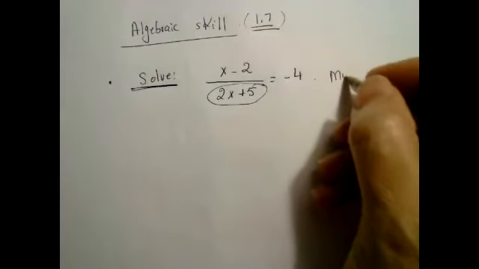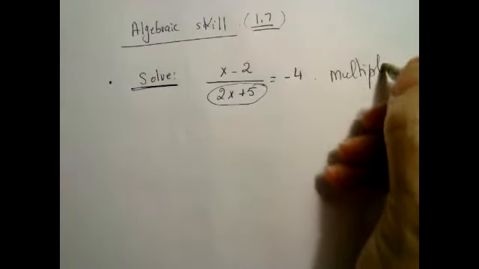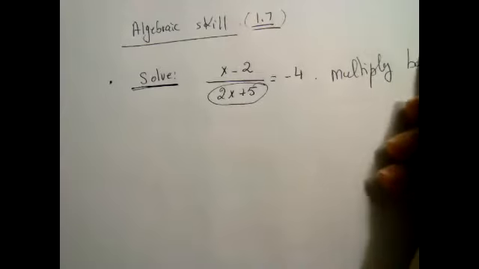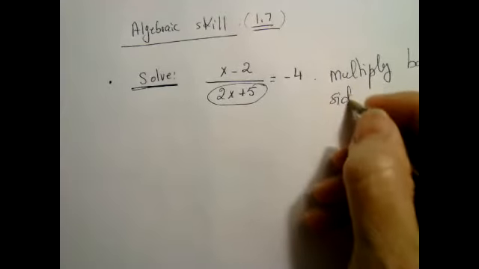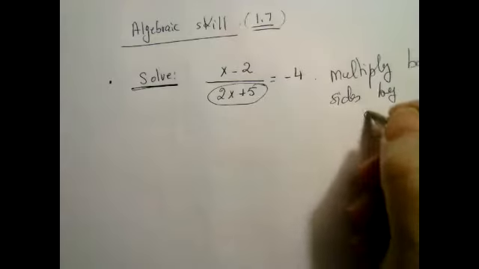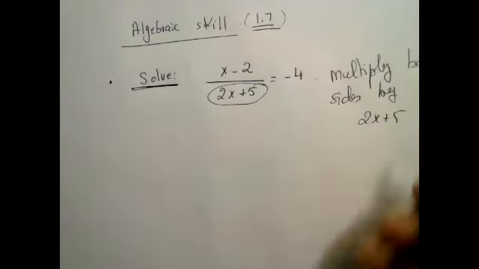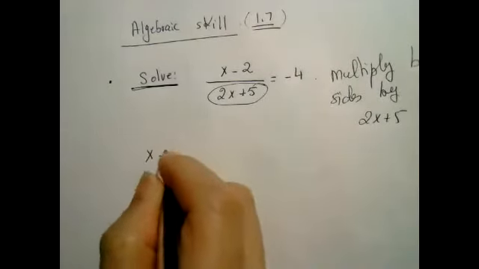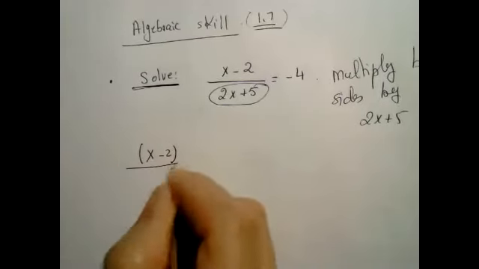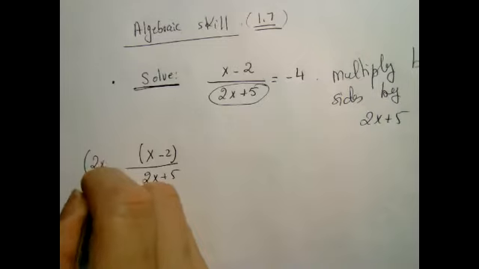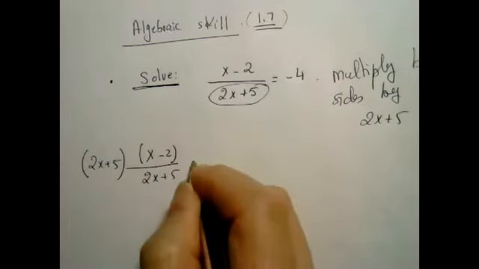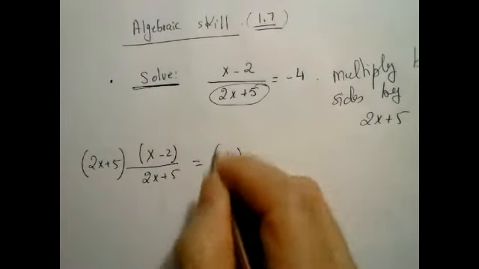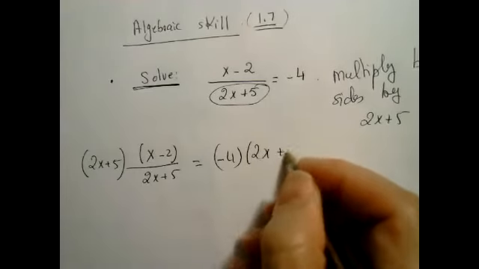We have to multiply both sides by 2x plus 5. So I will have (x minus 2) over (2x plus 5), and I multiply, that's crucial, minus 4 times (2x plus 5).